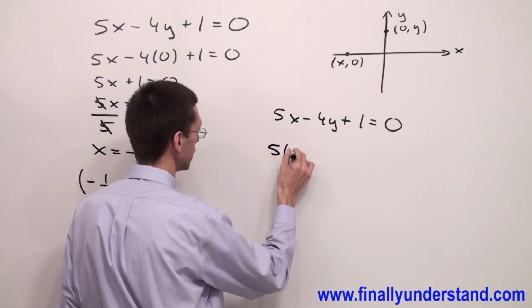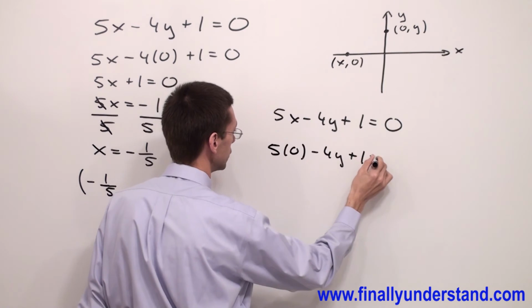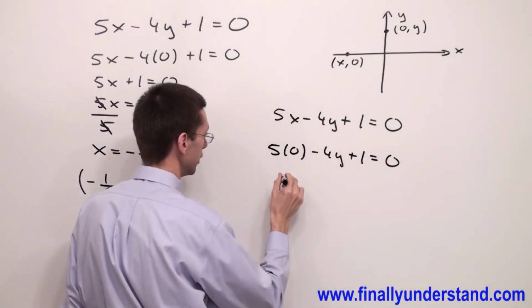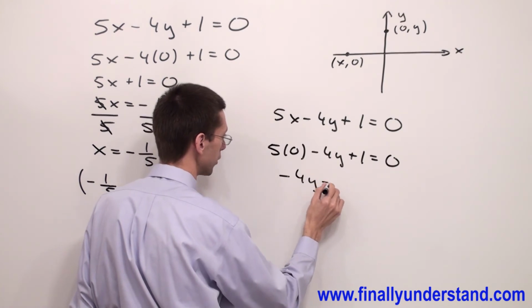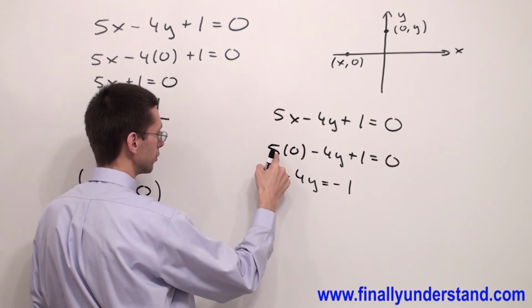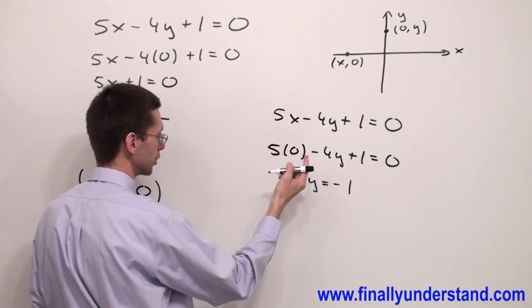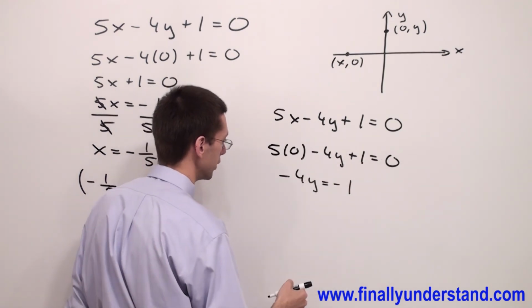So I have 5 times 0 minus 4y plus 1 is equal to 0. So I have negative 4y equals negative 1. I just ignored 5 times 0 because 5 times 0 is equal to 0, and I simply move 1 to the right side of the equal sign.